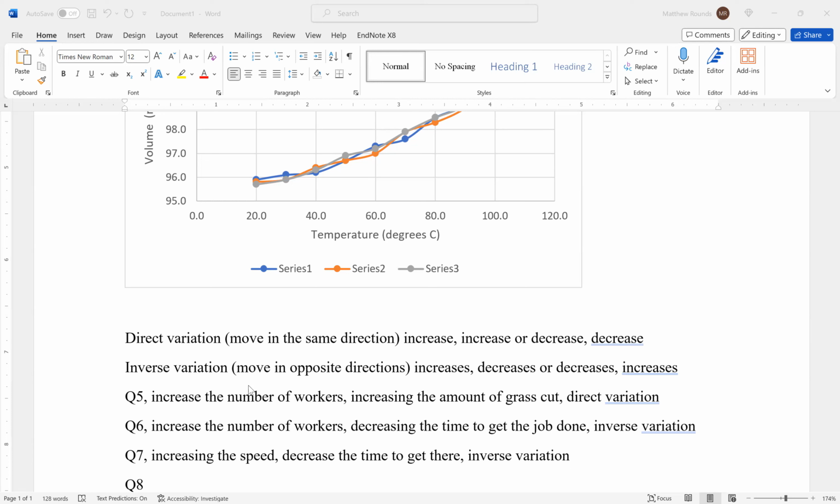Try to put it into a sentence. As you drive faster, try to finish the sentence in the context of that. Are they asking like the distance? Yes. Oh, okay.